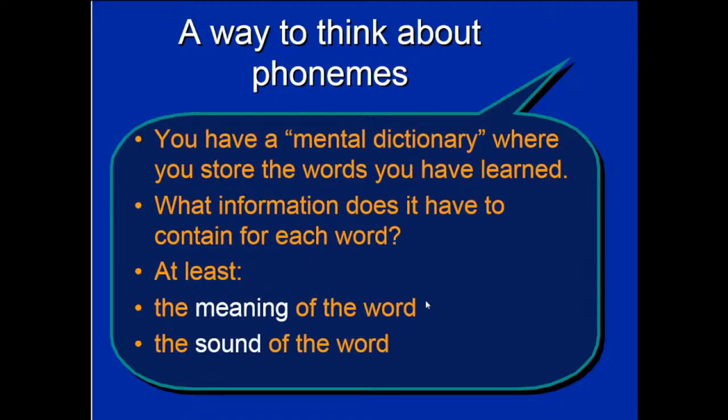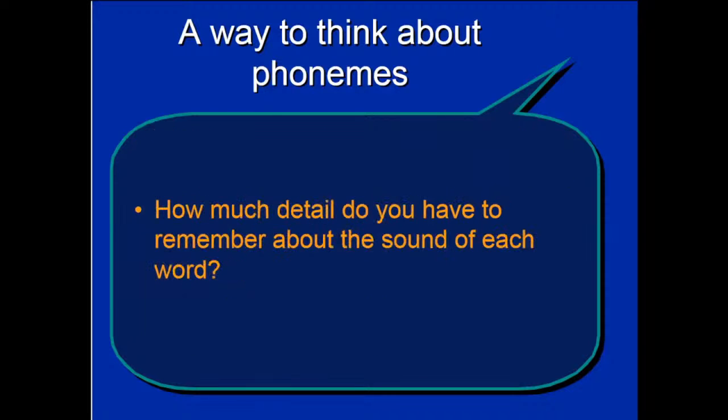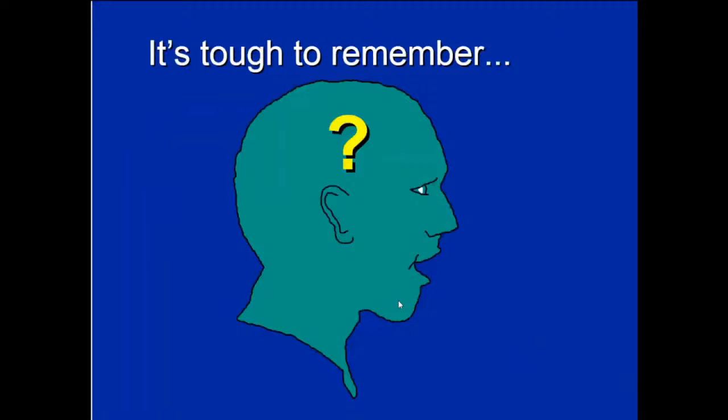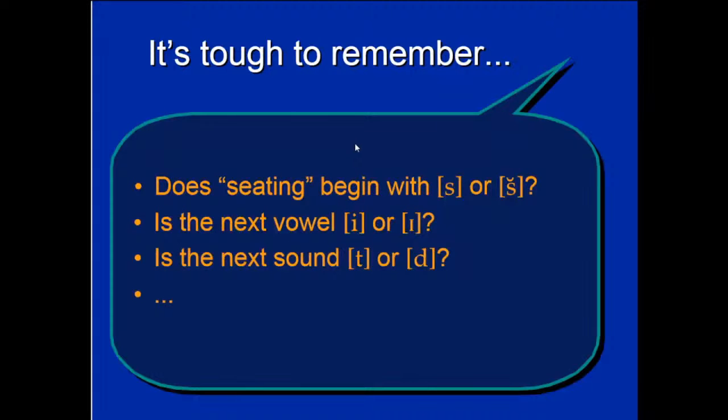Now, a way to think about phonemes: you have a mental dictionary where you store the words you have learned. What information does it have to contain for each word? At least the meaning of the word, the sound of the word. Now, how much detail do you have to remember about the sound of each word? Of course, it's something which is very difficult. It's tough to remember.